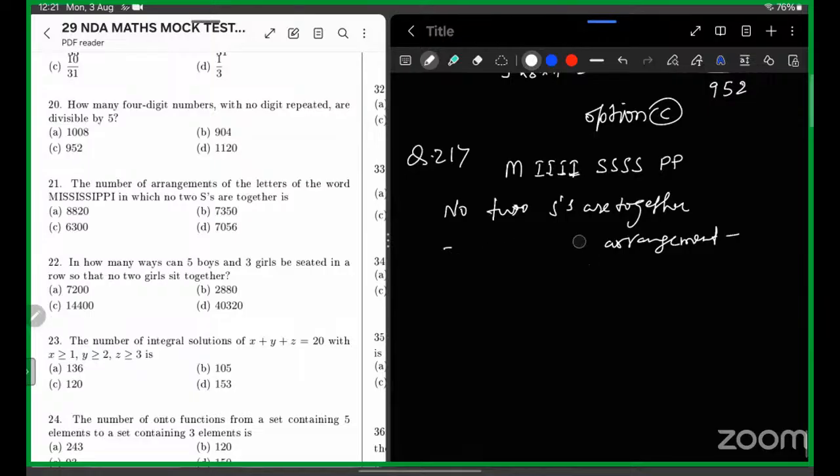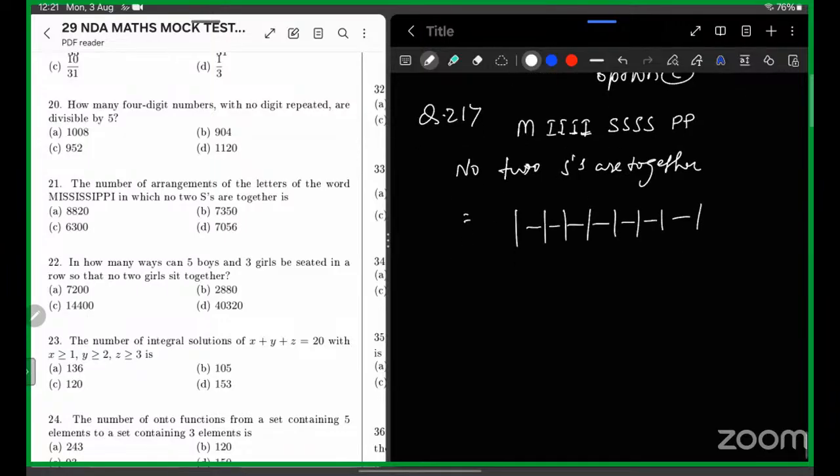Arrangement number should be equal to, let's count: 1, 2, 3, 4, 5, 6, 7. These are the 7. How many spaces in between are available? For 7 cases, I am going to arrange the letters other than S. That means 7 factorial. Let me explain first.